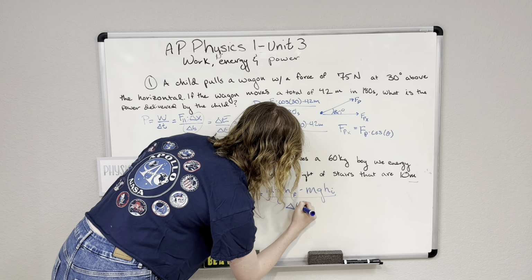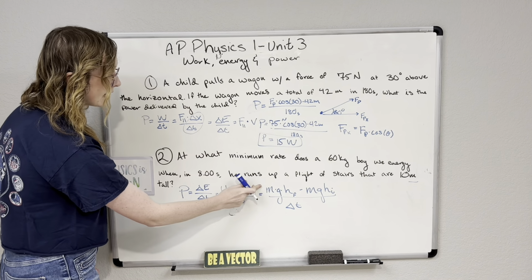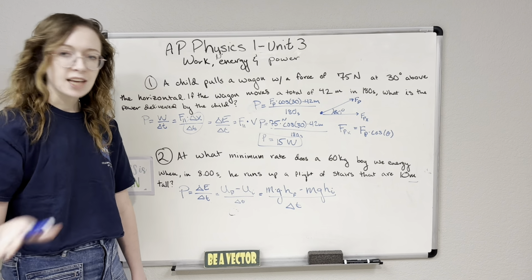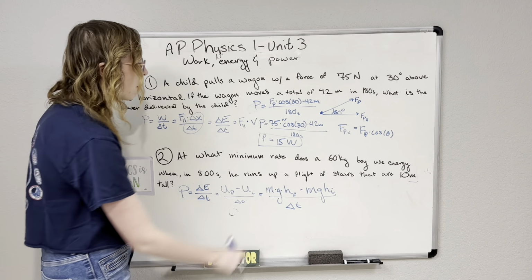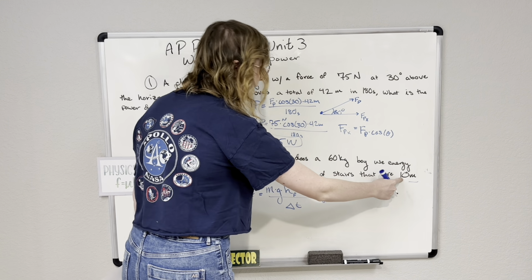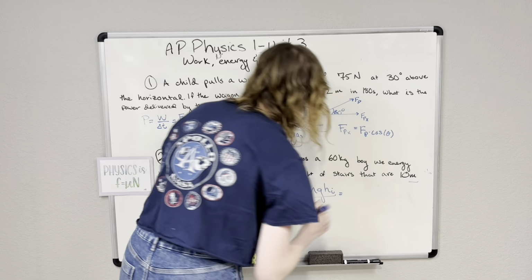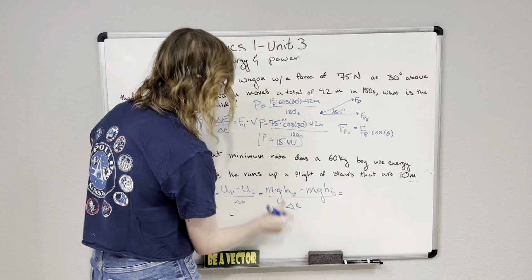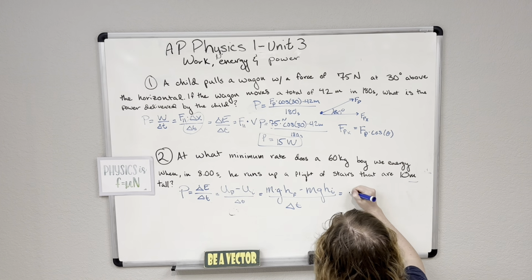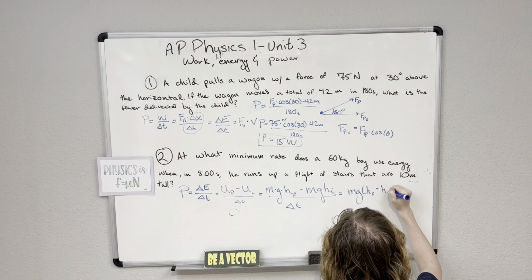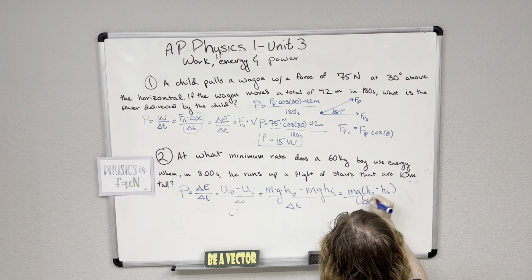The mass of the boy is 60 kilograms, so that's what we'll put in here and here. Our acceleration of gravity is just the same as it always is. Our final height is 10 meters, and our initial height we'll set as 0. I'm actually going to factor out this mg here, so we have m times g times h final minus h initial over delta t.